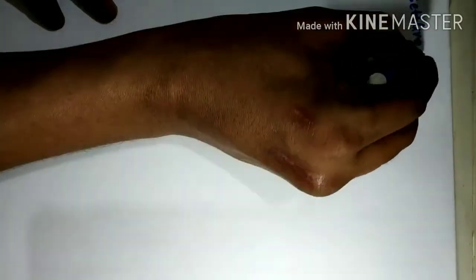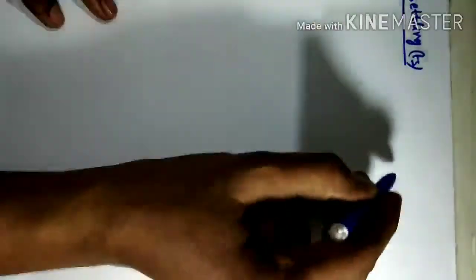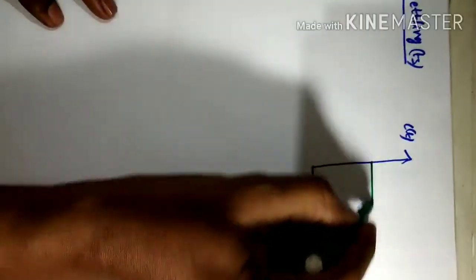We are going to derive the expression for settling time, that is settling time Ts. So we know the graph from the response. This is c(t) and this is t. This is your given input.